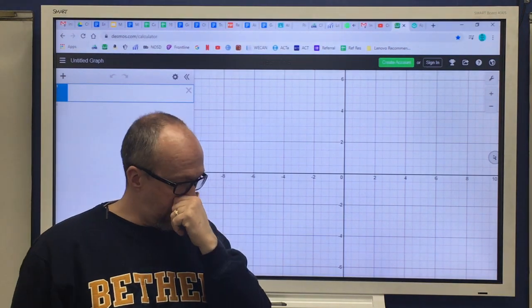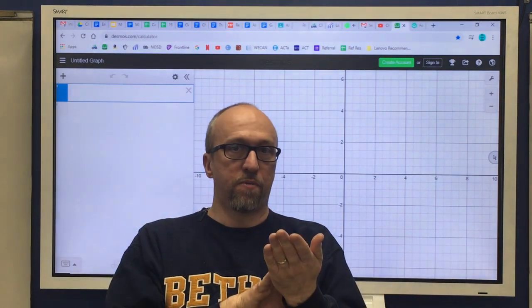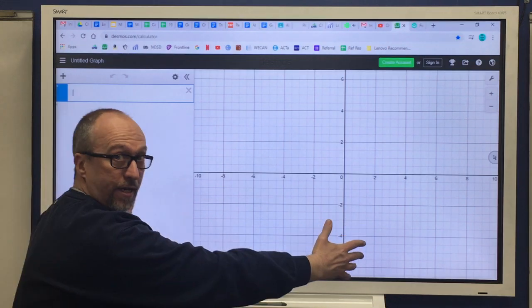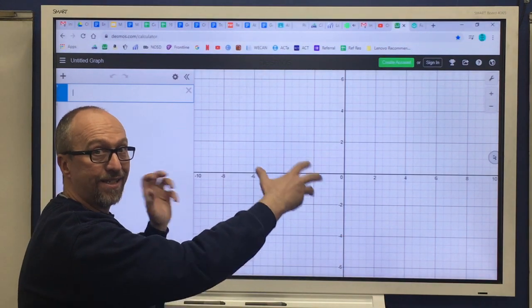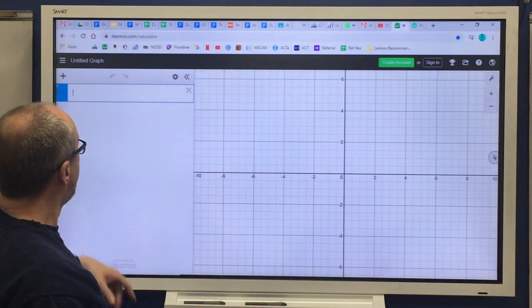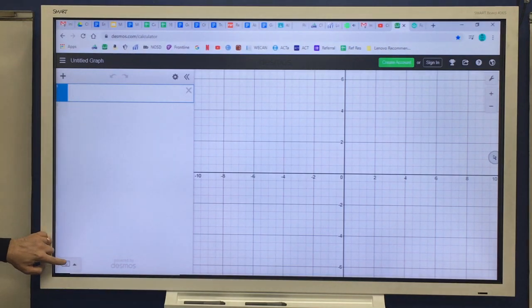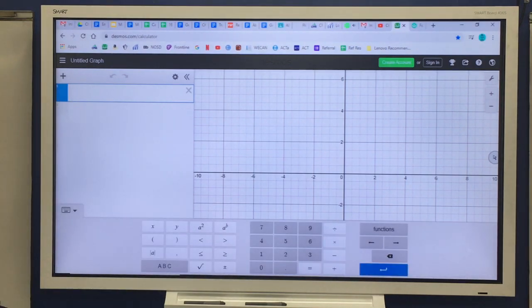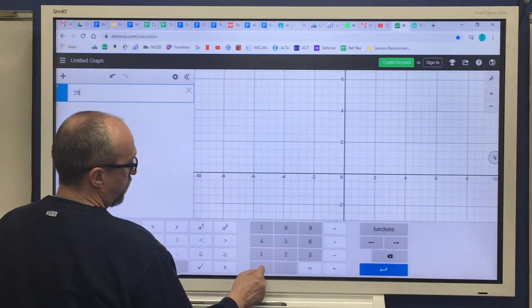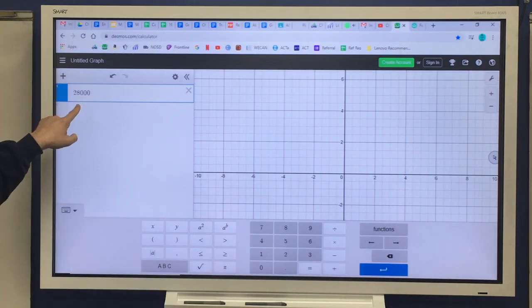I just want to point out that if you download it onto your smartphone, it actually looks a whole lot like this. It's really sweet. It's neat, clean, and does a nice job. So I click on this. Down here is the keyboard. They told me the value of that truck was $28,000.